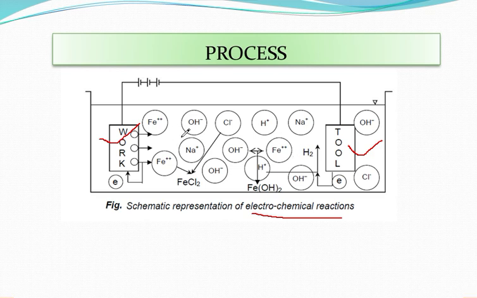In the electrolyte, you are able to see Fe++, OH-, H+, Na+. So this Fe++ and this chlorine get combined into FeCl2. And here you can see what you are able to get, that is Fe(OH)2.